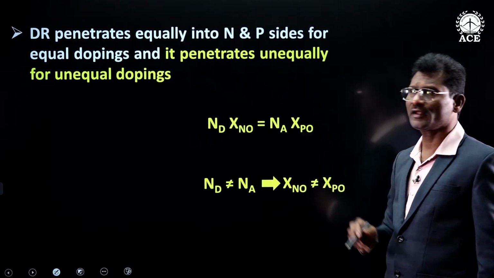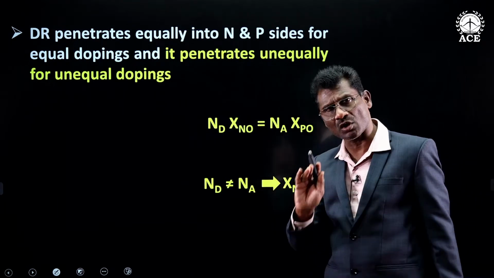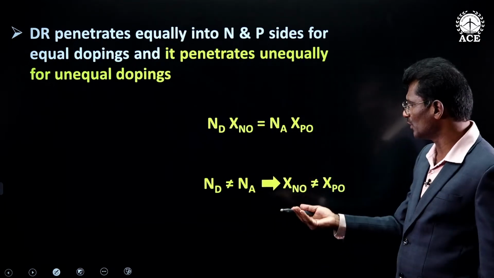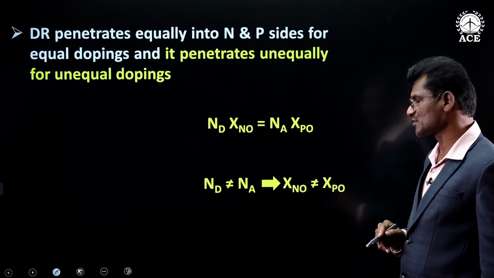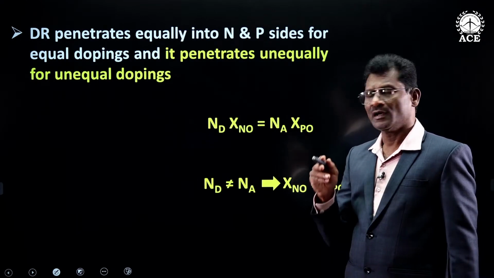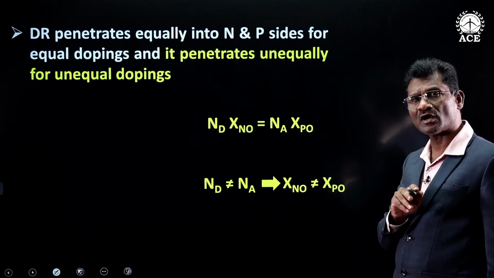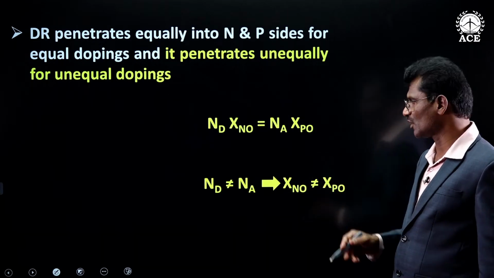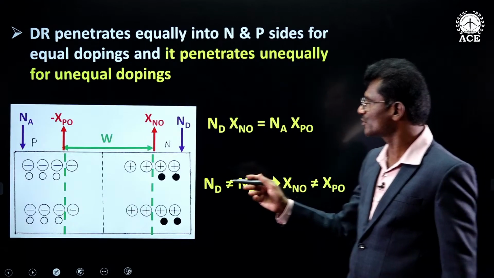Nd is not equal to Na. That is, donor and acceptor concentrations are not equal. Just assume. Then from this equation, Xn0 should not be equal to Xp0. That is, the penetration into the N side and P side will not be equal, since dopings are not equal. That's what is observed here.